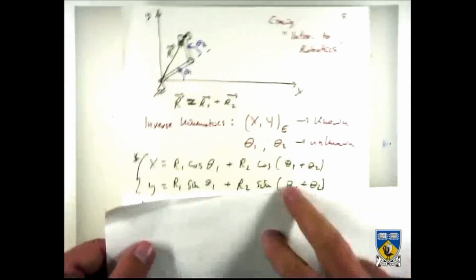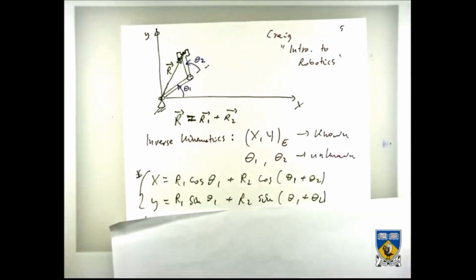Now, let us consider a simple case of a 2-link manipulator. Okay?